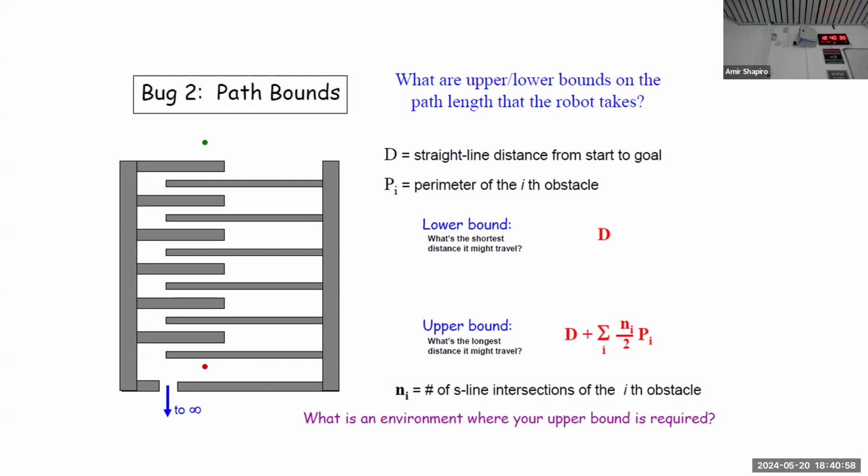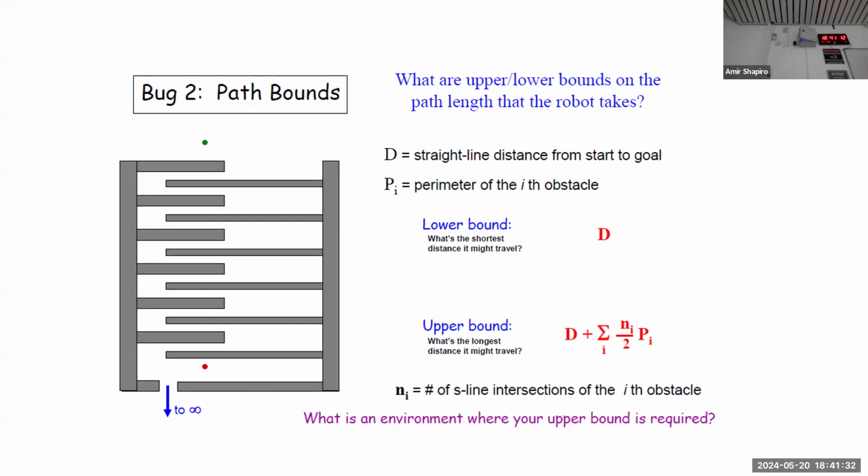The upper bound is actually half times the boundary of the obstacle, but we have n intersections with the obstacle. So every time it intersects with an obstacle, it goes approximately half the way around the obstacle, on average.